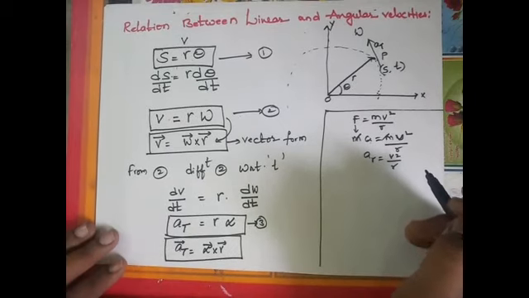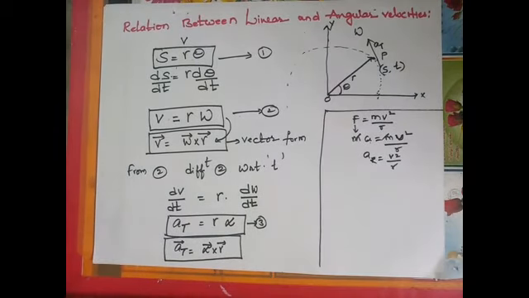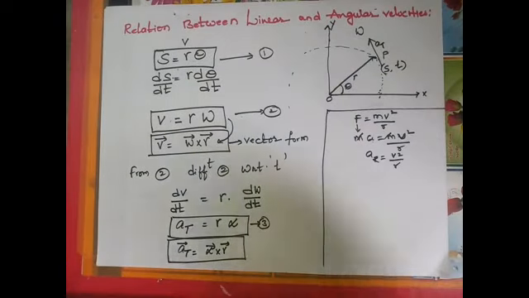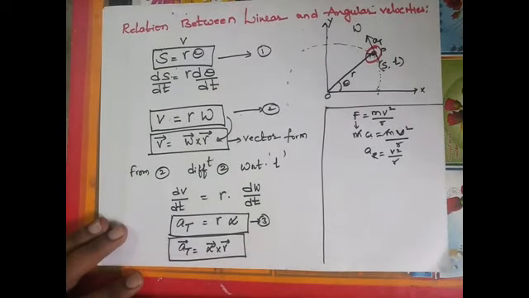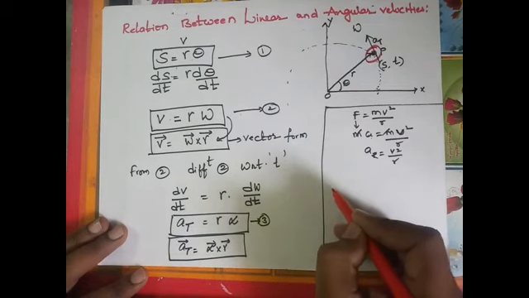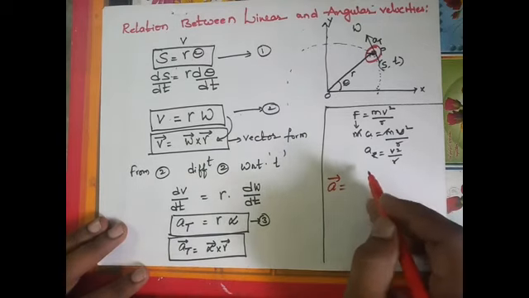Now we got two accelerations. One is tangential acceleration, the second one is radial acceleration.